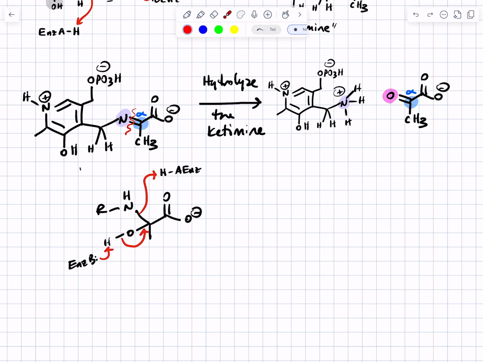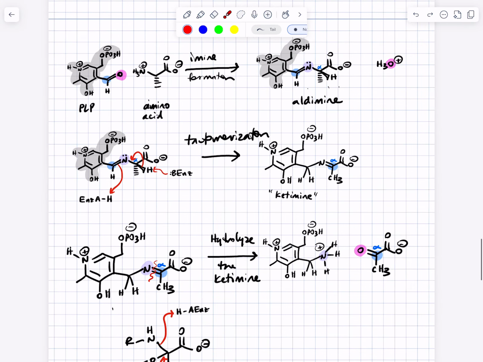All right, so notice the symmetry. The aldehyde used to be on PLP, the NH3 used to be on the amino acid. Made the imine, tautomerized to the other imine, hydrolyzed the imine. Now look what's changed. The amine is on PLP, and the carbonyl is now on the amino acid.